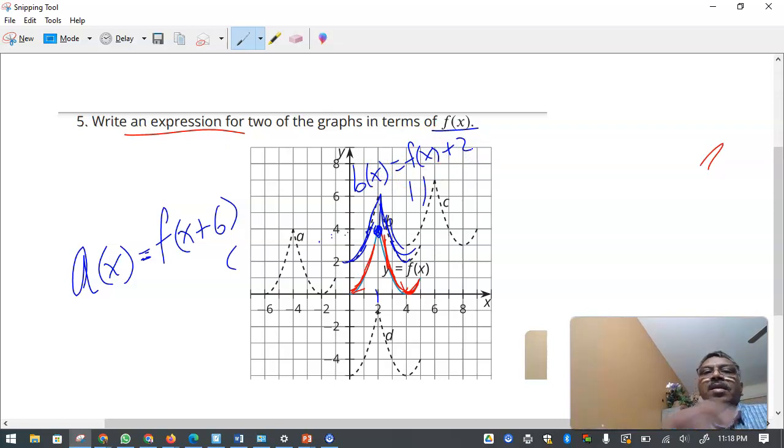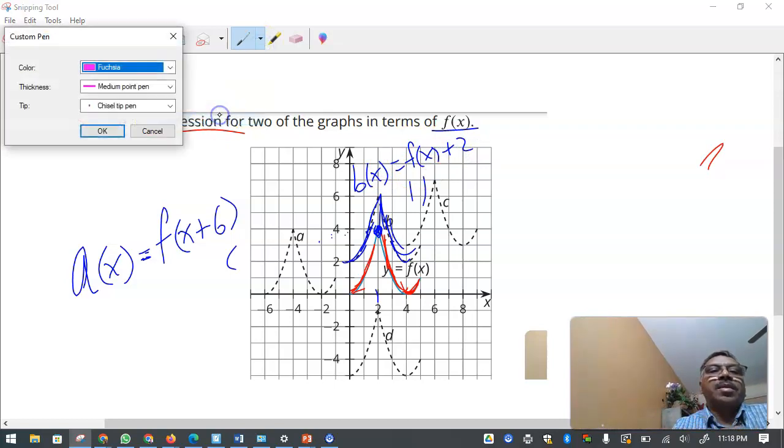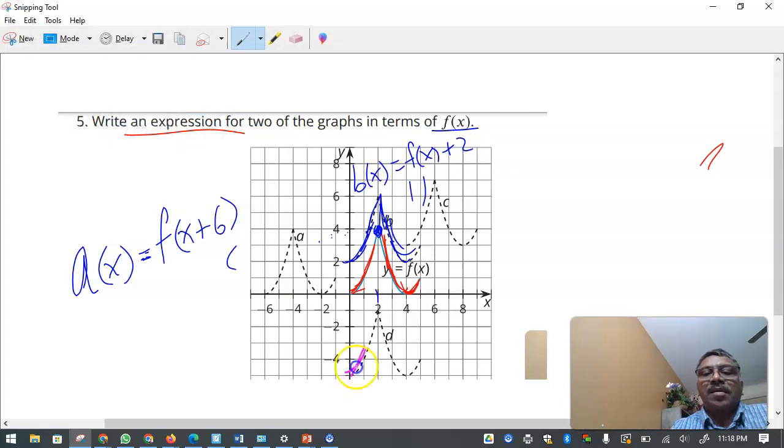At the same time, let's also do the d graph. This is moved down. How many places did it go? This was the original, so you go 1, 2, 3, 4, 5. So this d graph will be the original function f of x minus 5, and you're done.